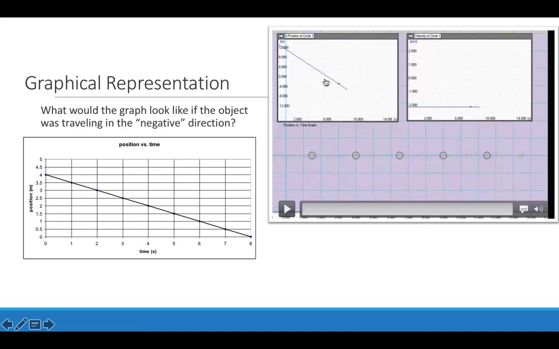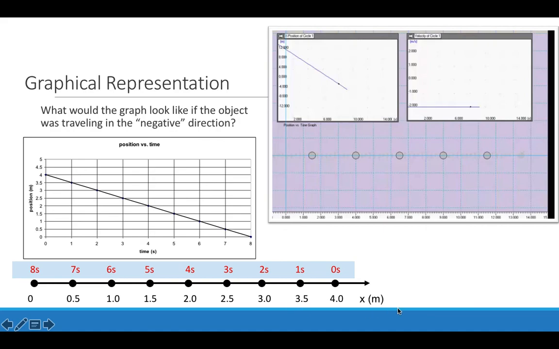So my position versus time graph still looks very similar. Here's my picture. So this would be the reverse, right? So at 0 seconds, right here, the object is at 4 meters. After 1 second, it is at 3.5 meters. After 2 seconds, it's at 3 meters, and so on.